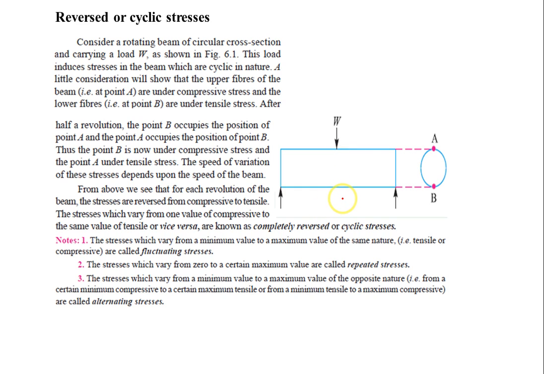After half a revolution, B occupies the position of A and A occupies the position of B. So B at this time is under compression and A at this time is under tension. There is a reversal of stresses. So this type of stress is known as reversed or cyclic stresses.